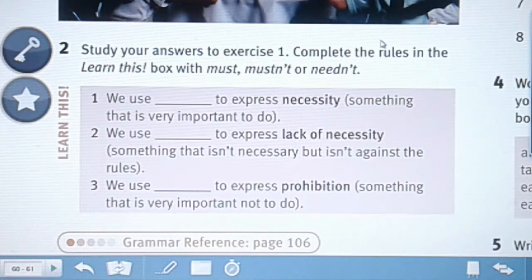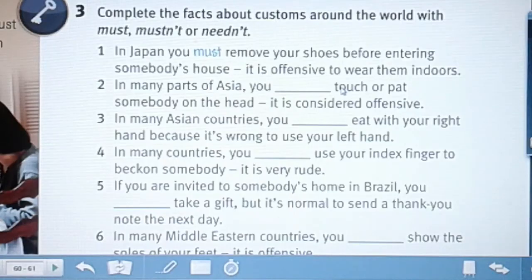After that, you need to fill in these blanks. You have to complete the rules in the Learn This box with must, mustn't, or needn't. So please write down your answers. After completing the rules, you have to do part 3.